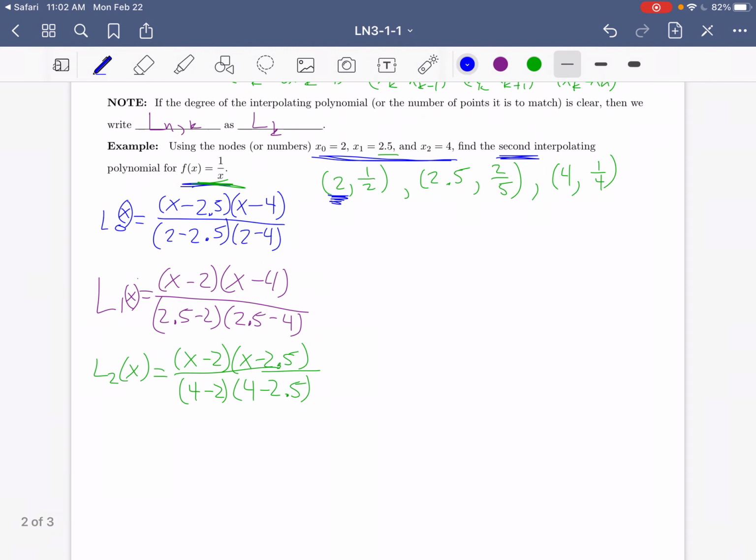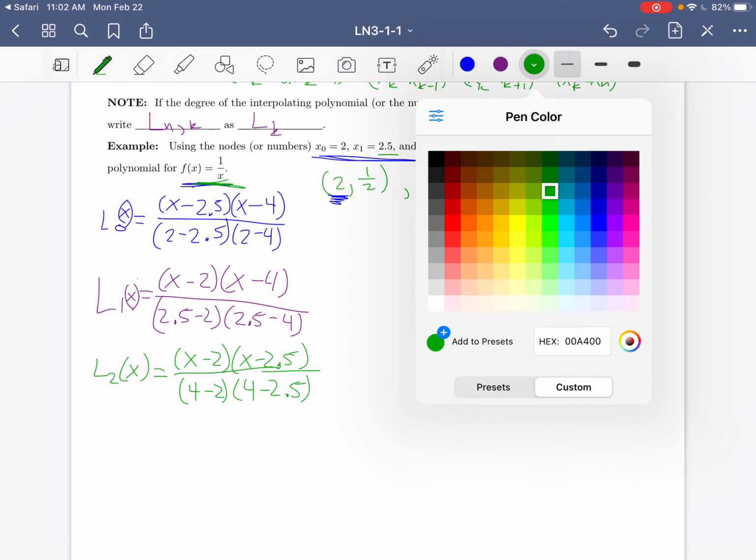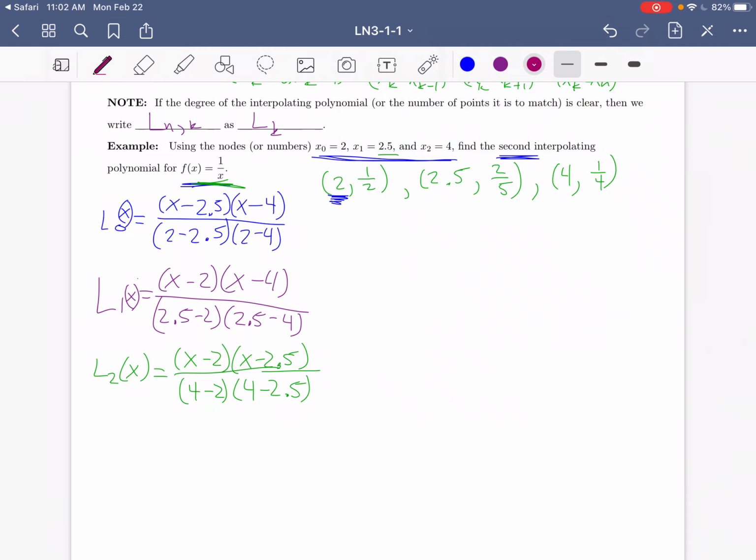And so what is the polynomial that we want? Well, the polynomial that we want, p of x, is L0 of x times the function value at x0. So it's going to be 1/2 times L0 of x.